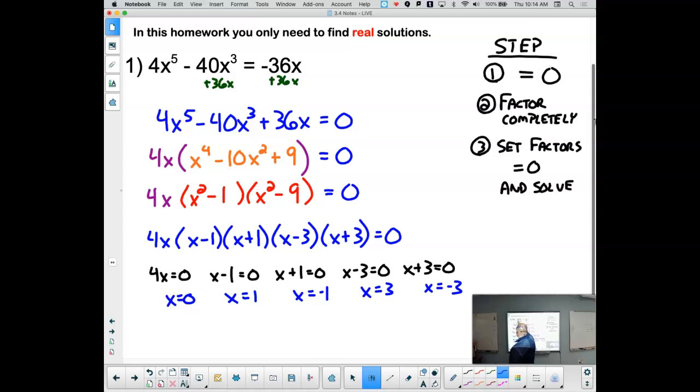So this is going to be 4 minus 40 equals negative 36. That's true. Negative 1. Negative 1 to the 5th power is negative 1, so that's negative 4. Negative 1 to the 3rd power is negative 1, so that's negative 4 plus 40, which is positive 36, which is what negative 36 times negative 1 is.